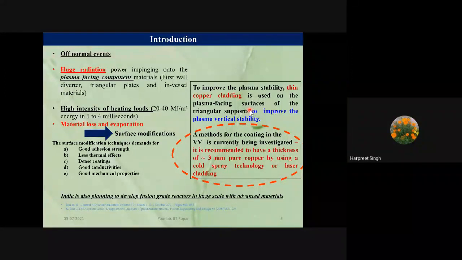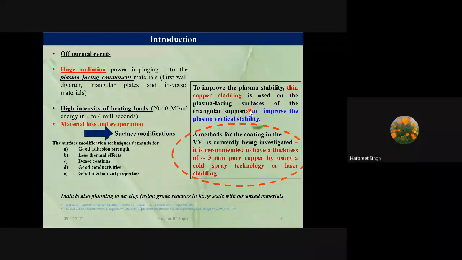Now the point is, people have done some studies at coupon levels where they demonstrated these thick coatings, of the order of 3 mm pure copper. The challenge here is thick coating as well as pure copper, right?